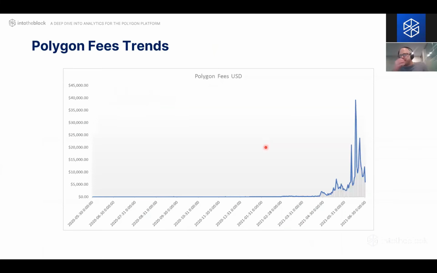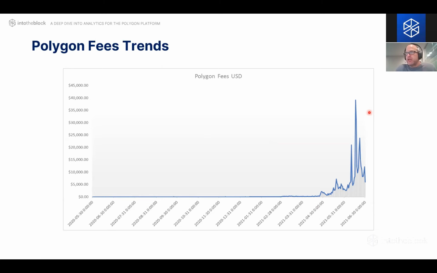Then the same goes for fees, right? The fees on the Polygon blockchain, you see the gas costs are very small, but in aggregate, there is money being paid as fees on any given day on the Polygon blockchain.